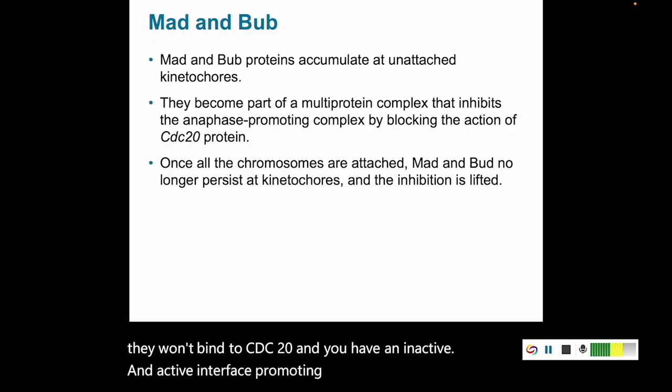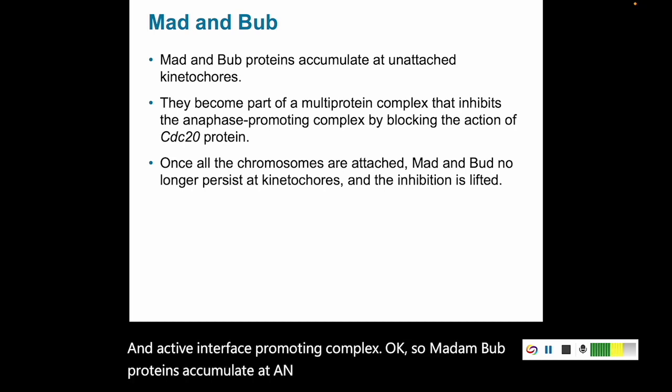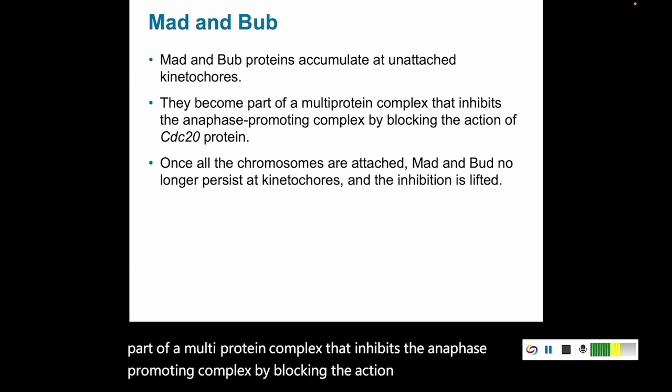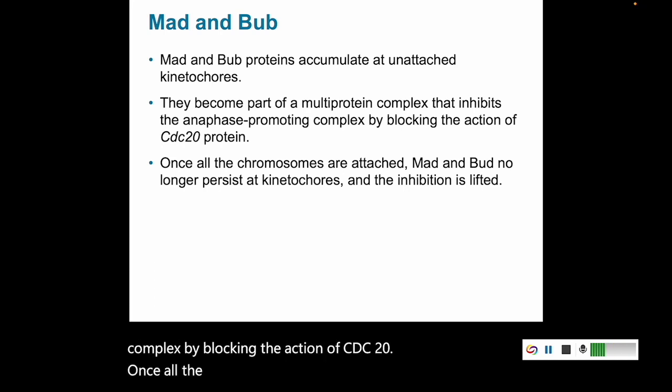Okay, so Mad and Bub proteins accumulate at unattached kinetochores. They become part of a multi-protein complex that inhibits the anaphase promoting complex by blocking the action of CDC20. Once all the chromosomes are attached, Mad and Bub no longer persist at kinetochores, and inhibition is lifted.